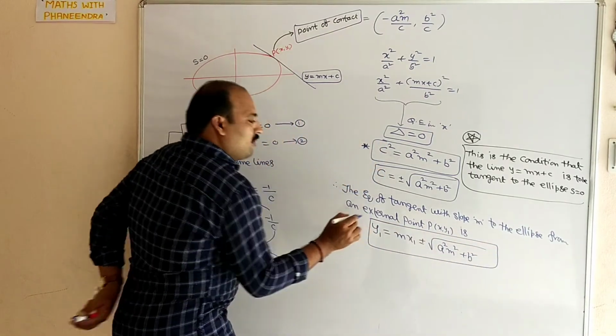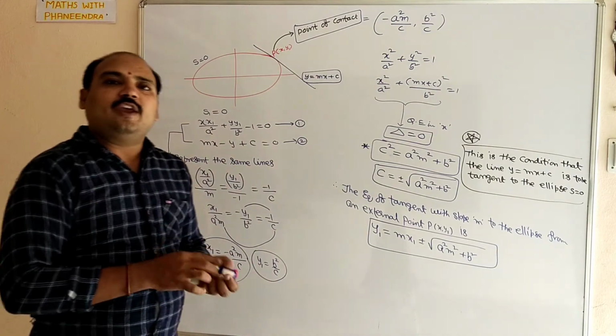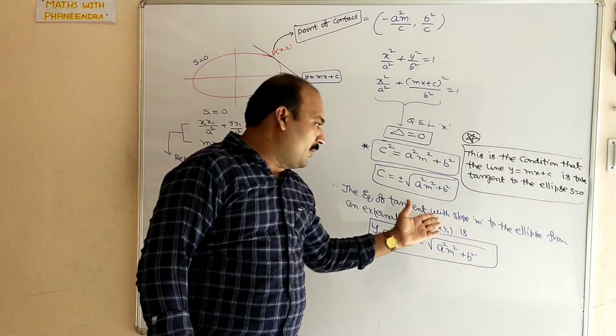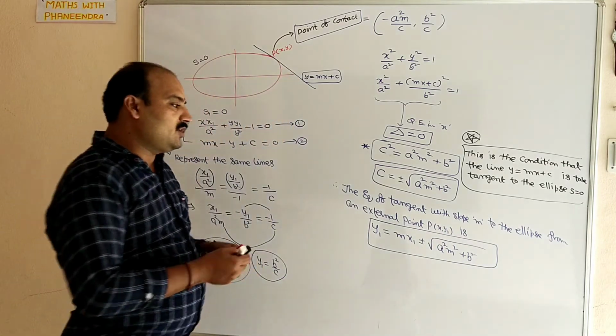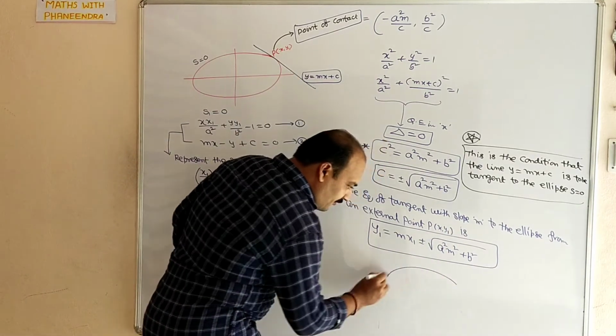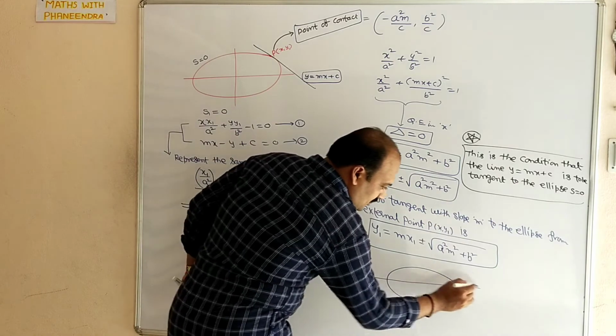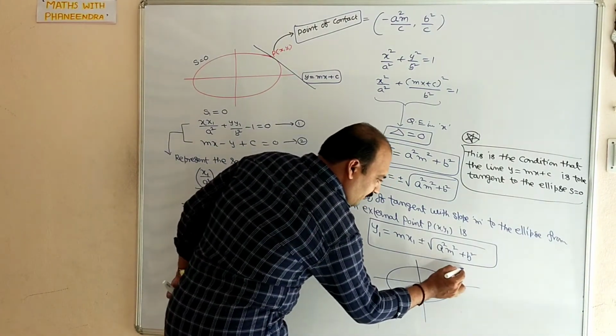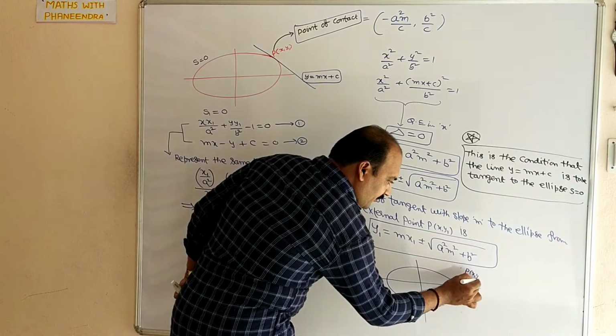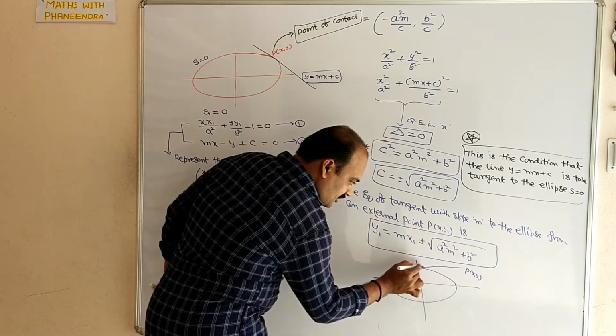Now onwards you remember that this is the equation of tangent with slope m to the ellipse from an external point P of x1 y1. So the figure will come like this. This is the ellipse. Suppose some point we are taking, P of x1 y1 here. This is one tangent.